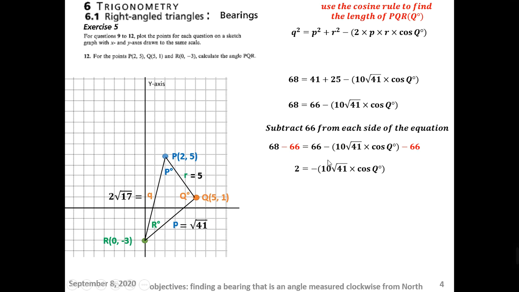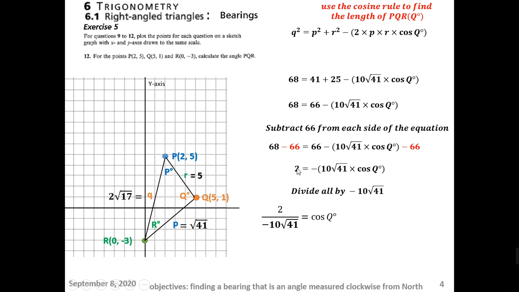Now we're going to get rid of negative 10 square root of 41. How? We're going to apply opposite operation. If you read it, 10 square root of 41 times cosine Q. What is opposite to times? Divide. So we're going to divide each side of the equation by negative 10 square root of 41.